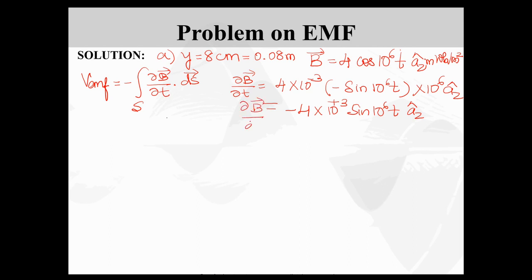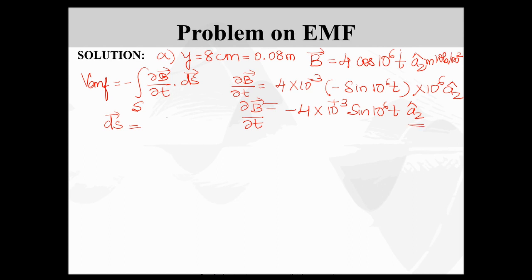So we need to find the surface which will contribute to the induced EMF. The surface which contributes to the induced EMF should always be in the direction of the other part of the integrand, which is in the direction of az.